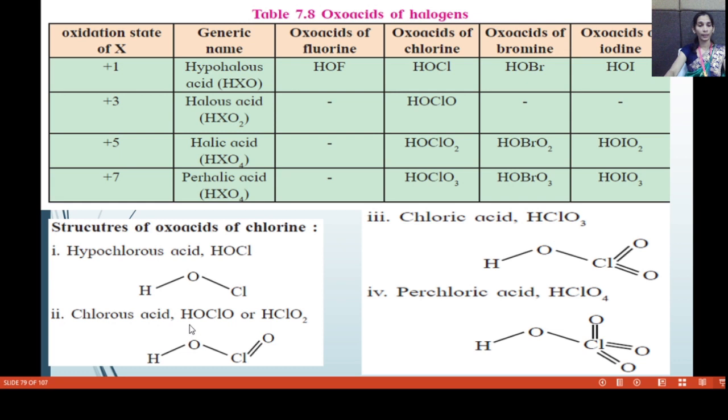Chlorous acid, that means HOClO, or we write this formula as HClO2. Chloric acid, that means HClO3. Perchloric acid, HClO4.